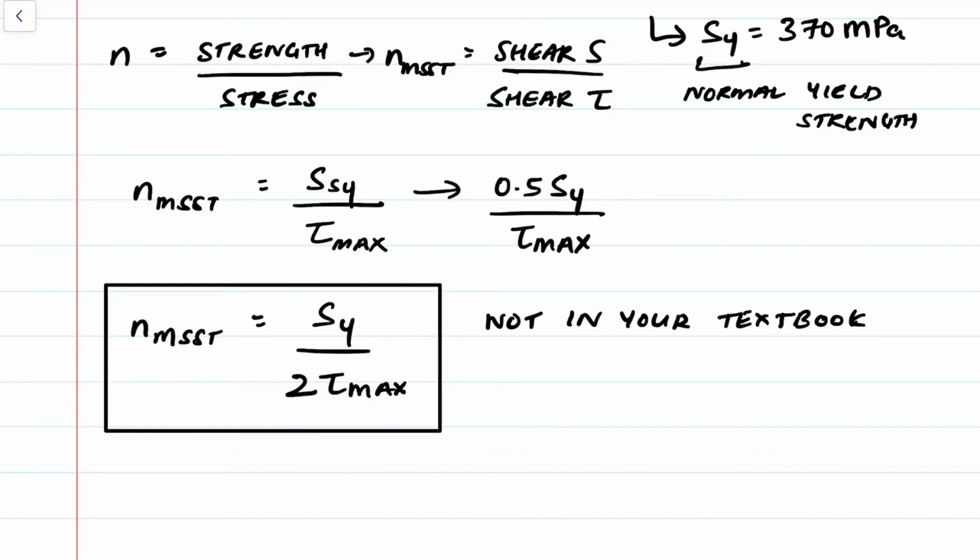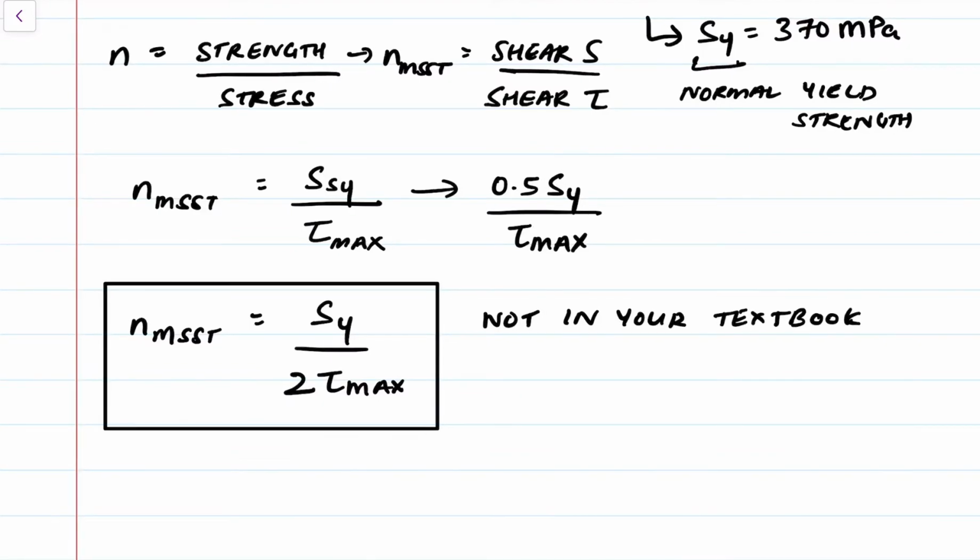Now, there's an alternate form to this equation, which is also helpful. So let's look at tau max here, right? 2 tau max is basically 2 times the radius of your Mohr circle, and 2 times the radius is equal to the diameter of your Mohr circle.